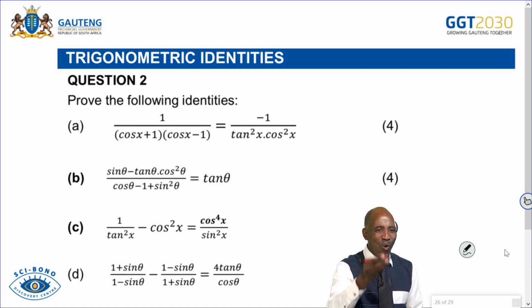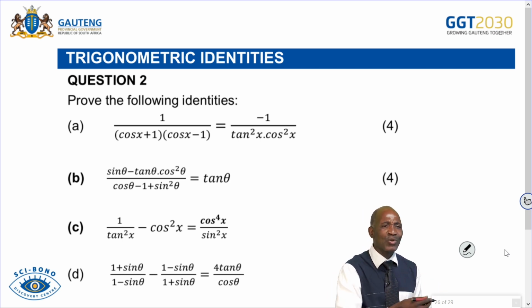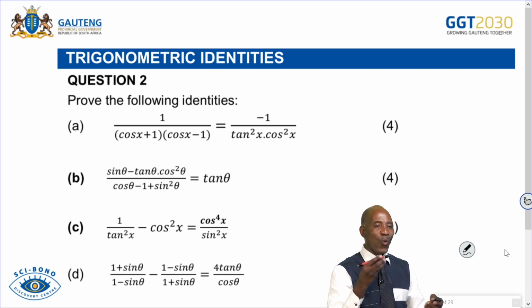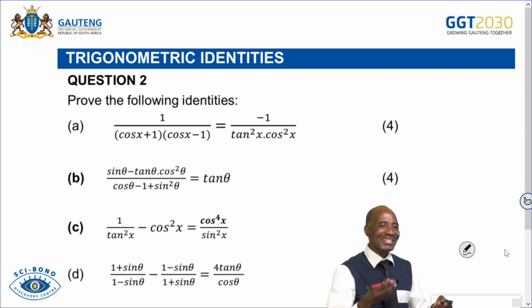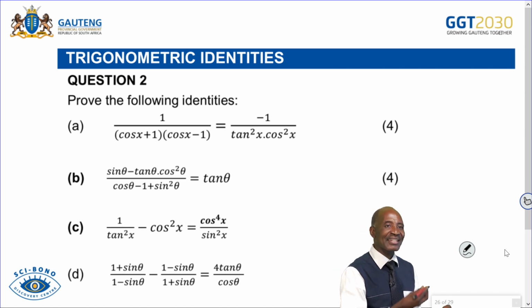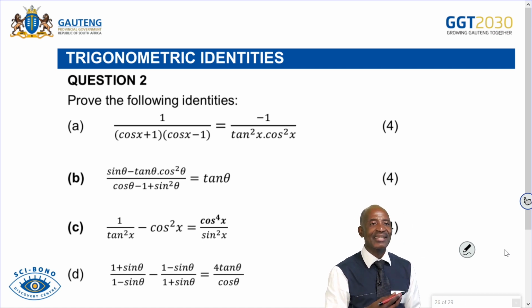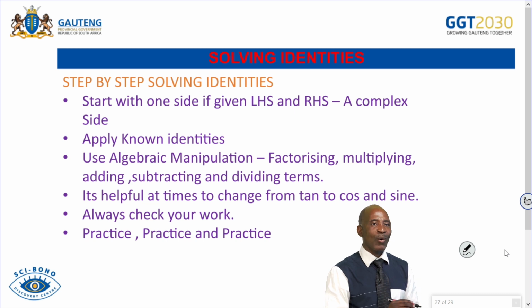Once you practice all these questions, playing around with those identities, by the time you finish practicing these or going through them, making sure they balance, then you'd have amassed a lot of skill of answering these types of questions in trigonometry. Otherwise, how do we prove an identity?